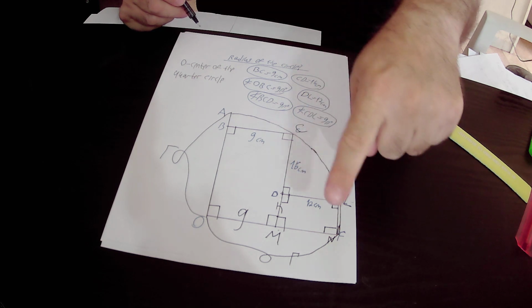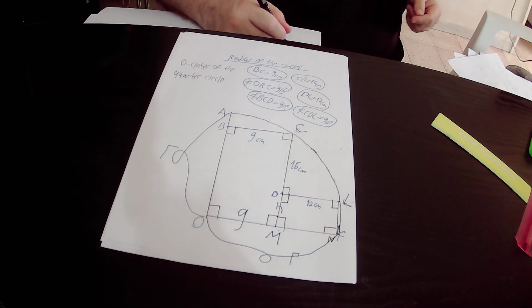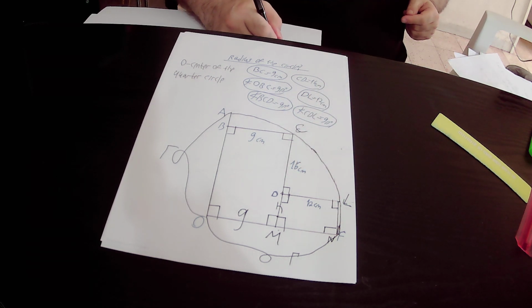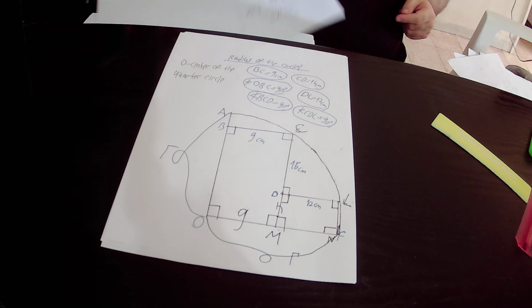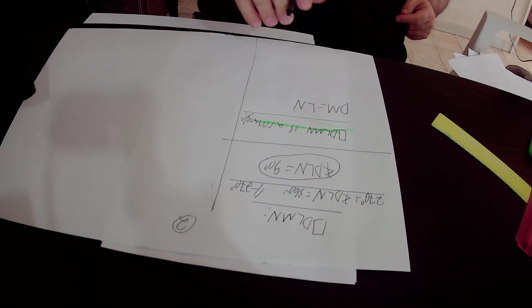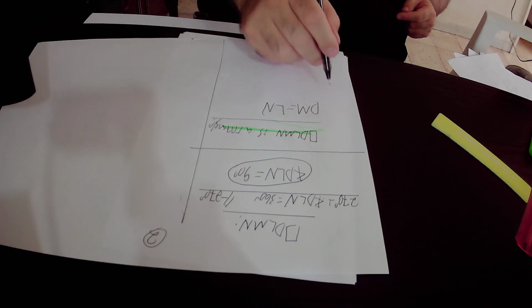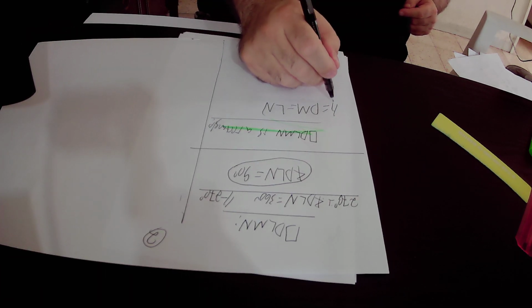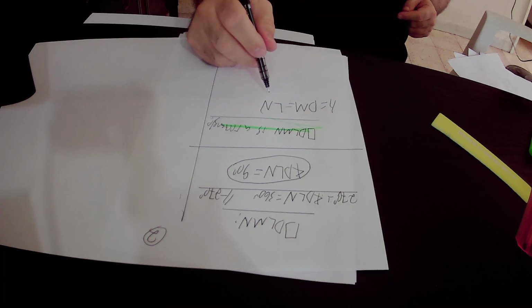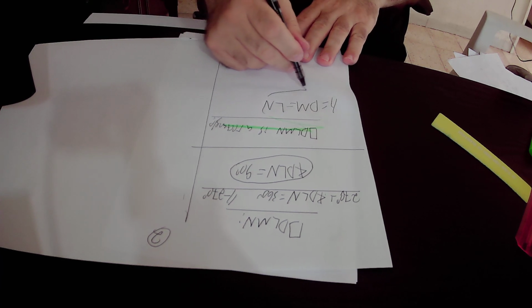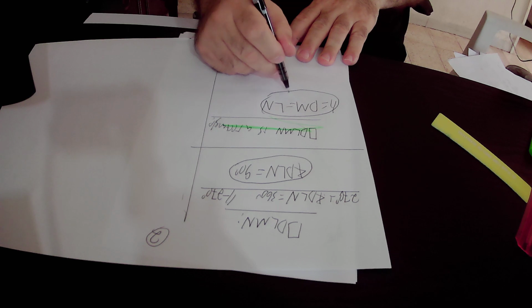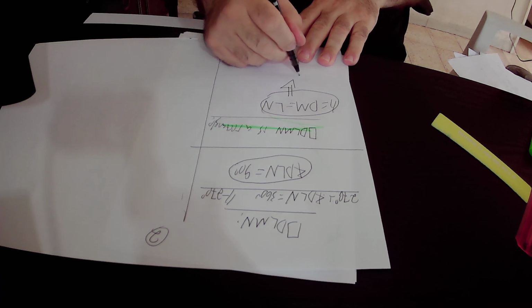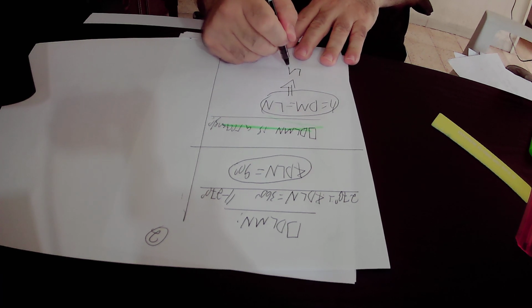That is to say, DM equals LN. But according to our definition, DM equals H. So from this equation, H equals DM equals LN, we derive that LN is also equal to H.